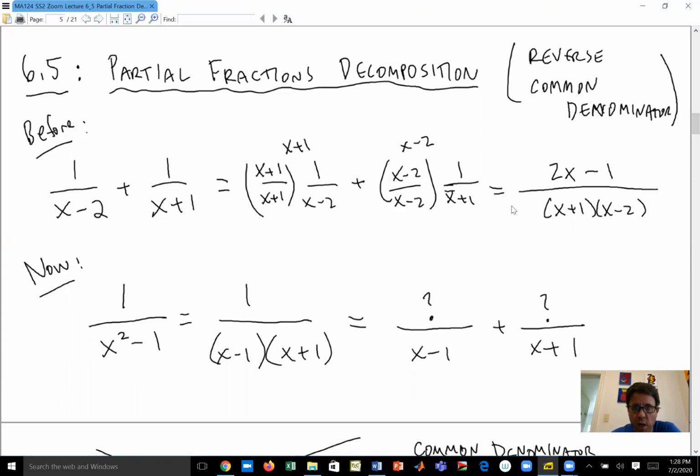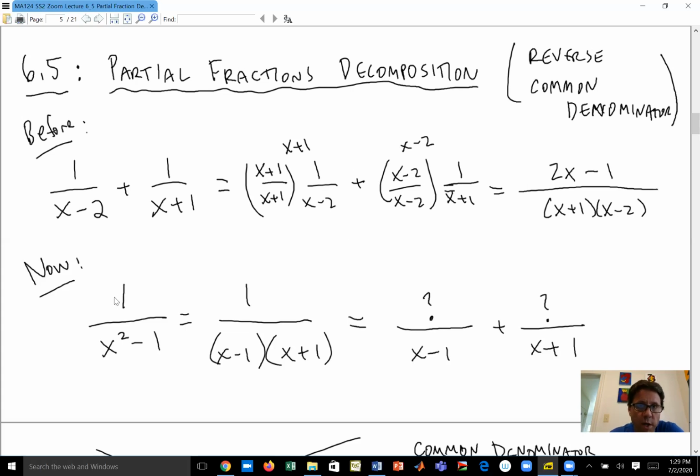So when you multiply the bottom out, you both times get the common denominator that you're trying to find. If you then multiply the top out, so you distribute the 1, in each case, you get x plus 1 and x minus 2. So when you combine those, it's 2x minus 1. And so that's the process of combining the denominator.